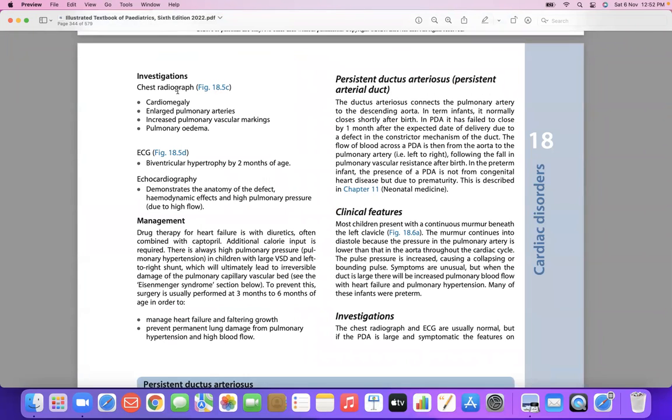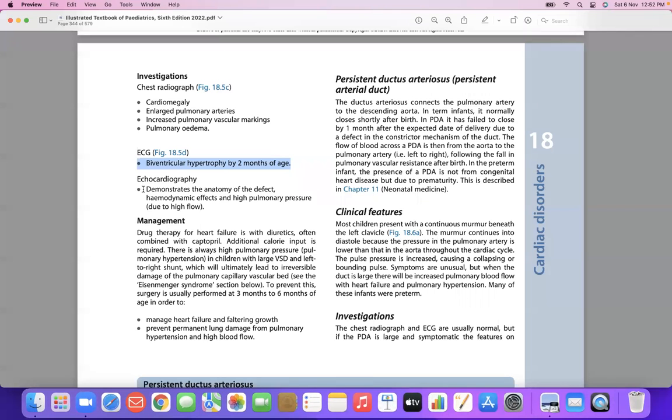So investigations here, again, we read about the chest radiograph. In ECG, you can also see biventricular hypertrophy, both the right ventricle and left ventricle. In turn, there is increased blood flow in both, so you'll have biventricular hypertrophy.